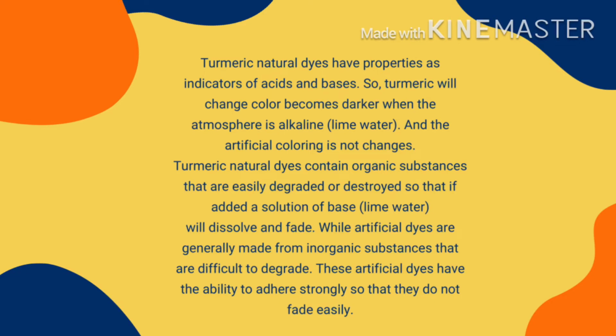Turmeric natural dyes contain organic substances that are easily degraded or destroyed, so that if add a solution of base, will dissolve and fade, while artificial dyes are generally made from inorganic substances that are difficult to degrade. These artificial dyes have the ability to adhere strongly so that they do not fade easily.